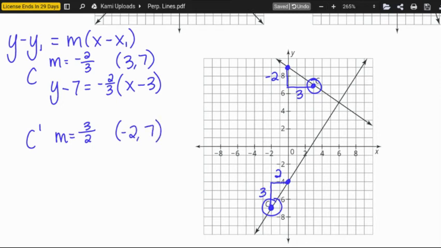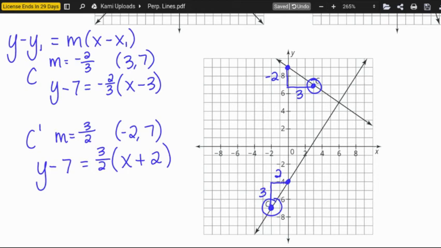Now I'm able to write my equation in point-slope form. I'd have y minus my y value, 7, equals the slope, 3/2, times x minus my x value, which is -2, which means I can rewrite that because minus a negative turns into addition. So that would be x plus 2. So there's my two equations in point-slope form.